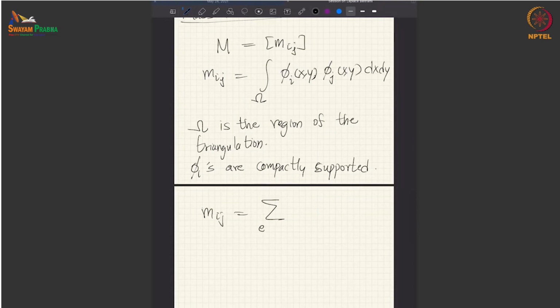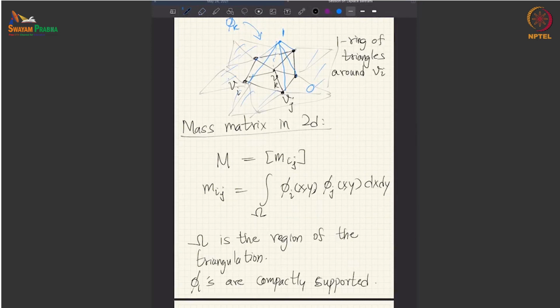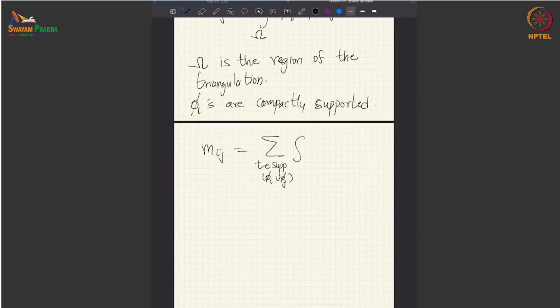Let me say P is the triangles in the support of phi I union phi j, which is a fancy way of saying: find all the triangles where phi I and some other phi j are together non-zero and just integrate over those triangles. This is still this two-dimensional integral.